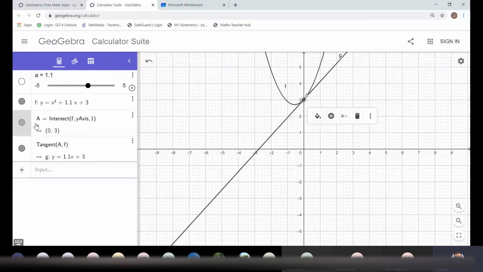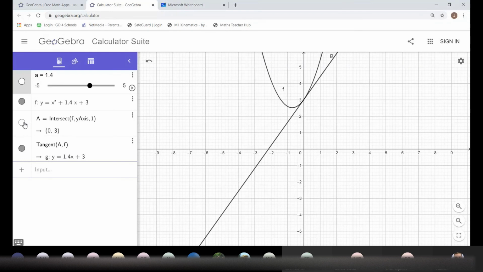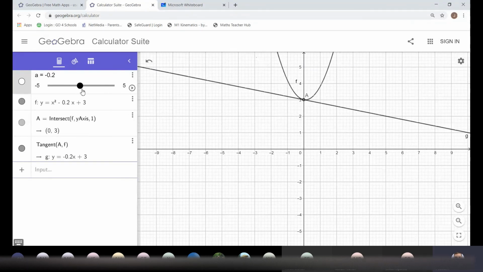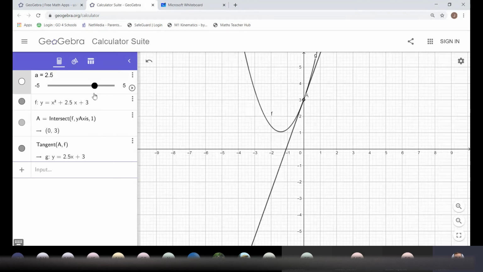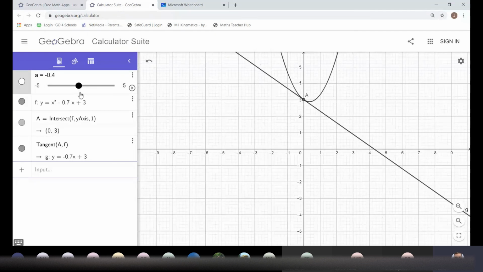It doesn't seem to let me move this point, annoyingly. But again, I can see that changing the x coefficient definitely changes the gradient, whereas changing the constant does not change the gradient. And the same would happen if I change the x squared coefficient.